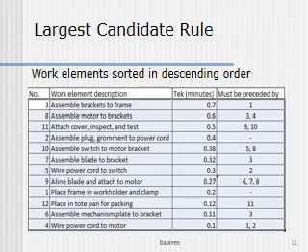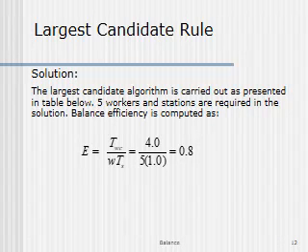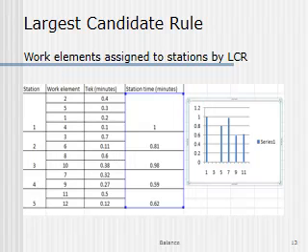The timing is arranged in descending order, so the operation numbers change as per the timing, and the precedence order also changes. Then the solution is line efficiency: TWC divided by W times TS, which is 4.0 divided by 5 times 1, giving 0.8. Based on this formula we calculated the balance efficiency.